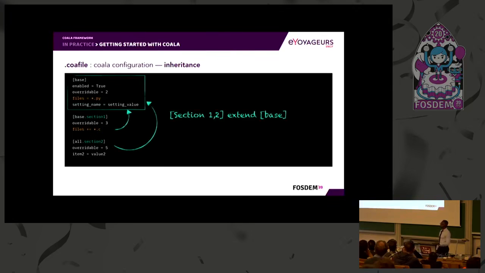So you have inheritance. You just have to prefix the section with a base settings, base section name. And as you see, section 1 and 2 extend from the configuration set at the base section.